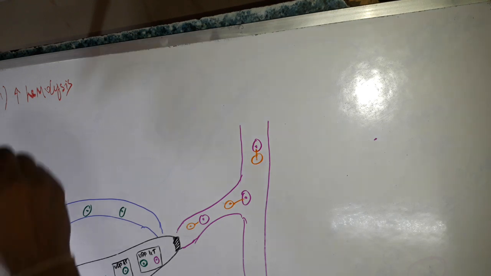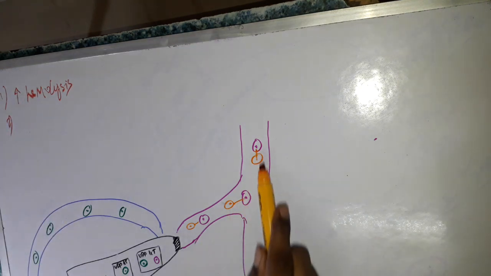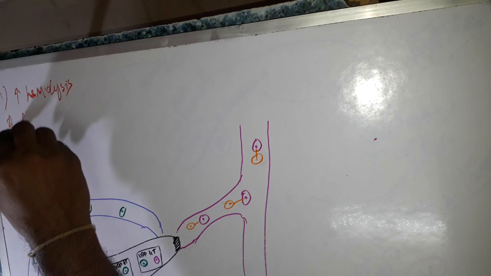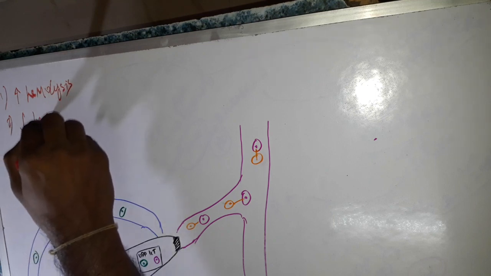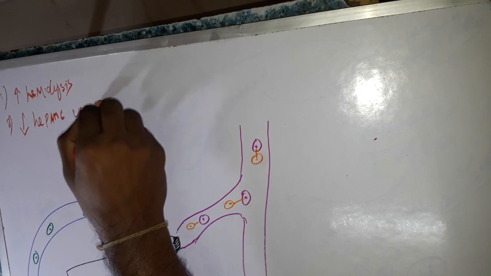Okay, the second defect is, what if your bilirubin is normal but your liver says, okay, I'm not going to give entry to any of the bilirubin, so I have the defect here. So there is a decreased hepatic uptake.